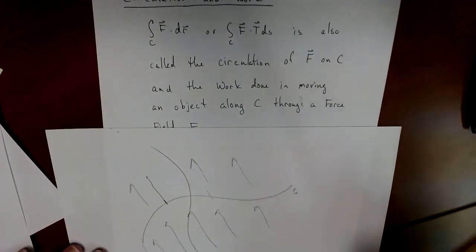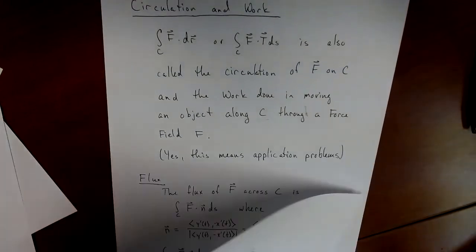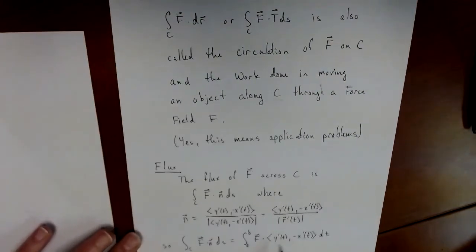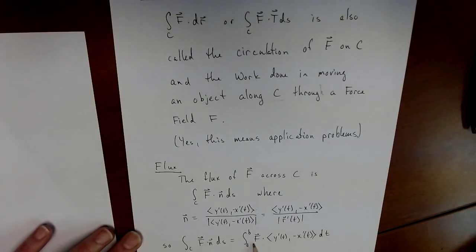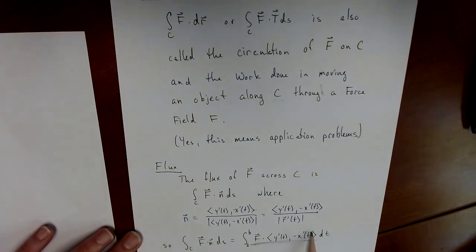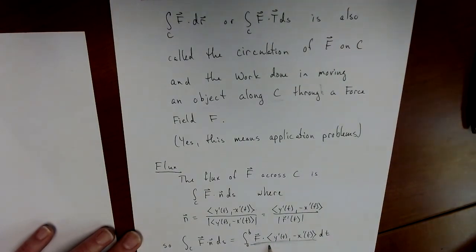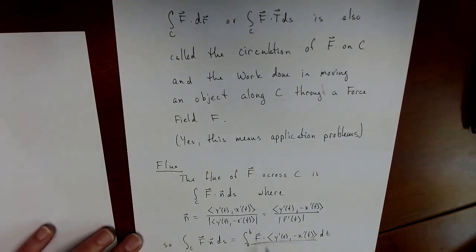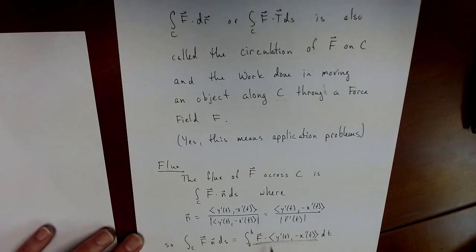And real quick, why is that? Well, if we don't know what our force field is, and I just know I have some dot product here, numerically, this is equal to a circulation integral for a different force field along the same curve.